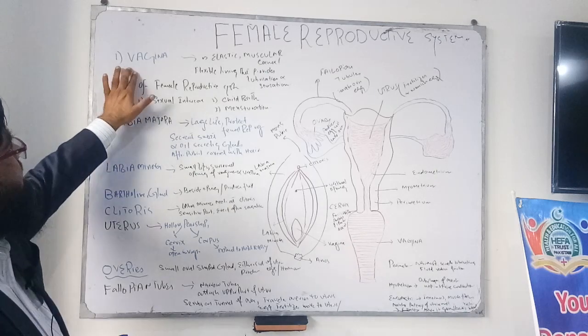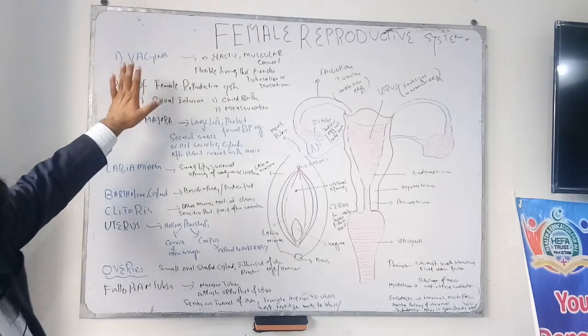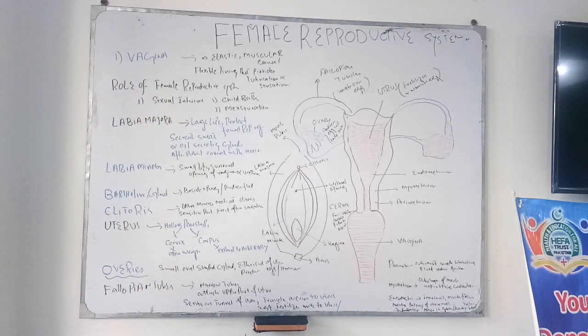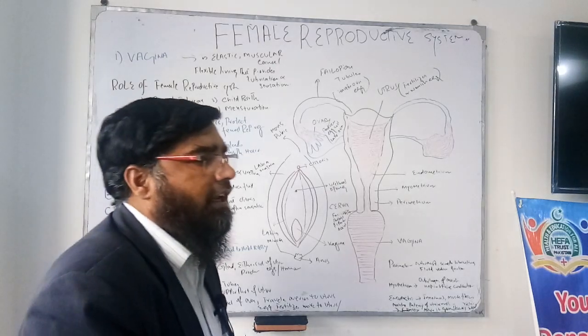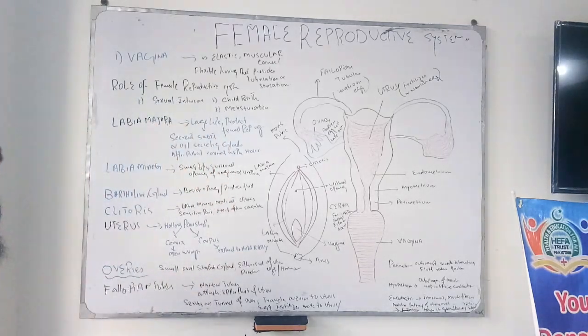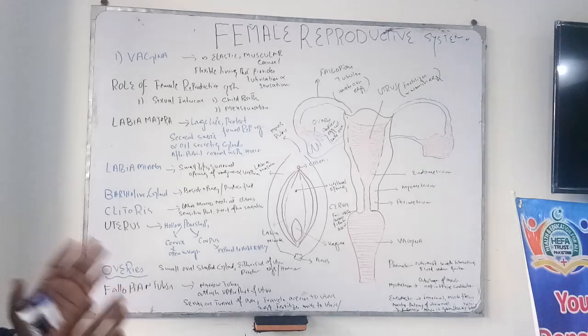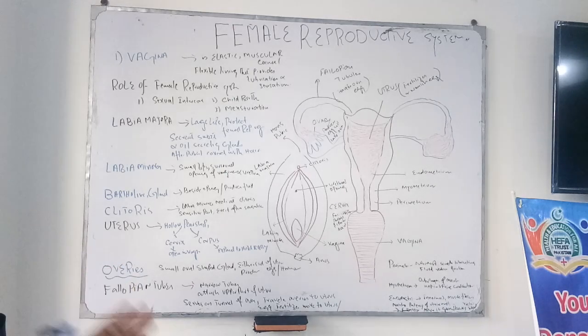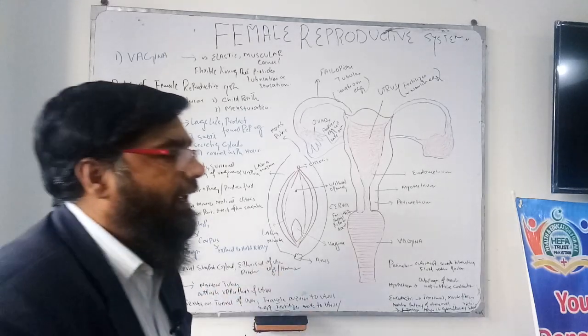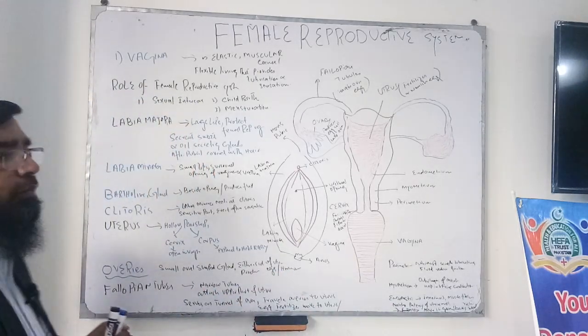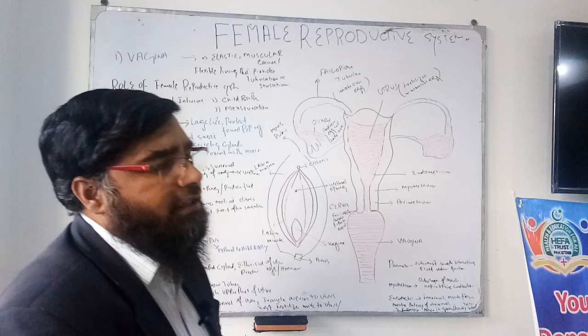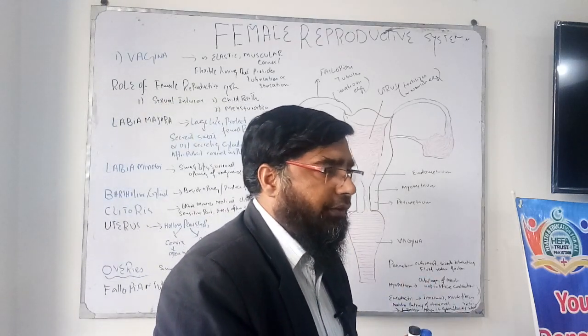If you look at the first part, that is the vagina. If you define the vagina, you will define it in this way: the vagina is an elastic, muscular canal with a flexible lining that produces lubrication and sensation.